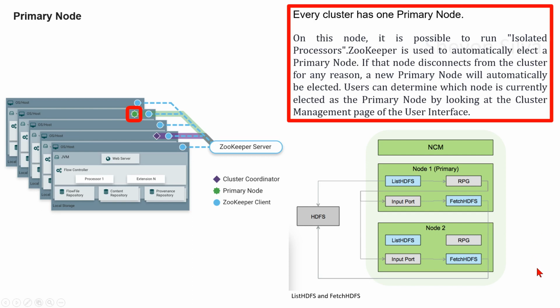This typically involves list and fetch processors, where the list processor produces instructions or tasks for the fetch processor to act on.